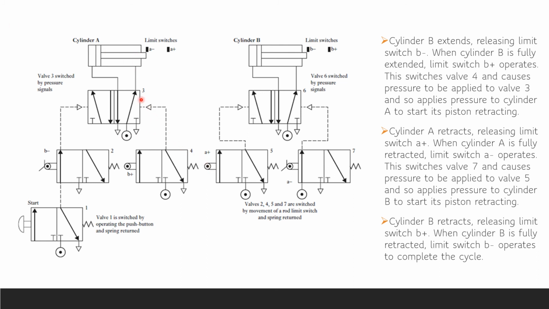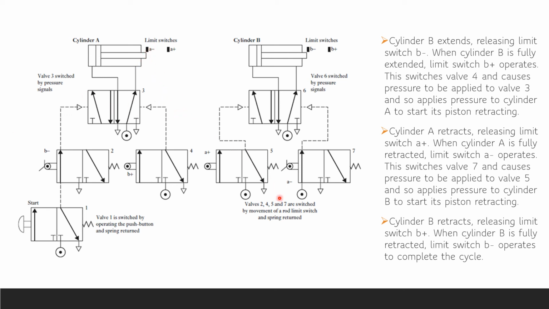Thus, the third sequence A minus is now obtained, and as a result of the piston reaching the top dead center, the limit switch will be activated. Sorry, not the A plus, A minus switch. Since the piston reaches the retracted position, the A minus switch will be activated.